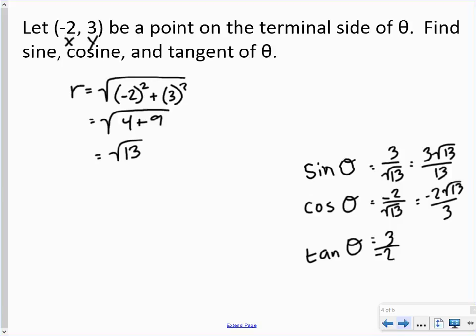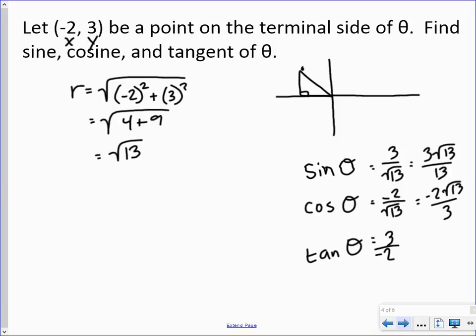The other approach, which I think is a really great approach, especially when you're first starting this out, is rather than just jumping from x, y, and calculating r, and not really seeing it, I saw several people start with a picture, which I like in the beginning because I think it cements that definition for you. So the point negative 2, 3 is somewhere in the second quadrant, and then you can think about it like a right triangle.